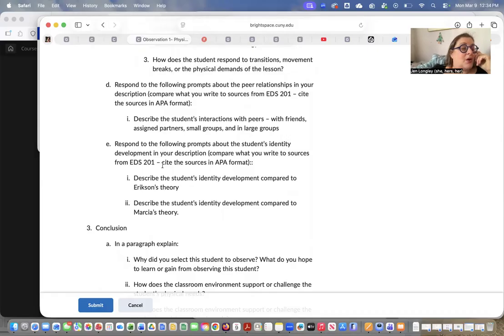Remember, the Florio-Ruane article talked about how you're observing, but you're also listening and trying to hear what the student is saying. So take in that information, and you can gather a lot. Using what you hear and what you see, what can you say about the student's identity development related to Erikson's theory, and as much as you can related to Marcia's theory?